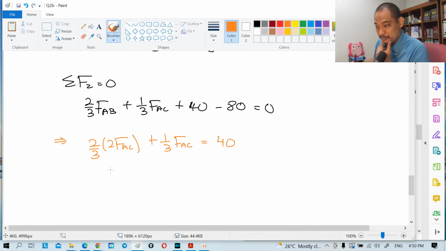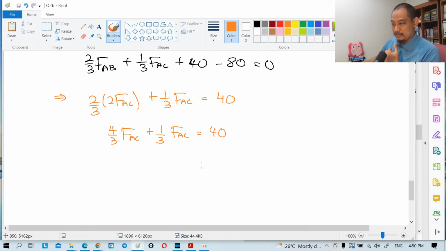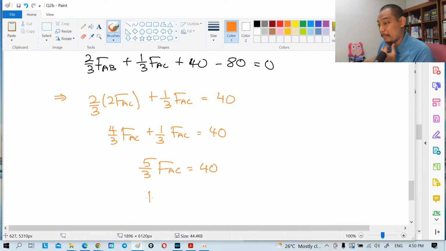So this one becomes 4 over 3 FAC plus 1 over 3 FAC equal to 40. If you add that, becomes 5 over 3 FAC, 40.